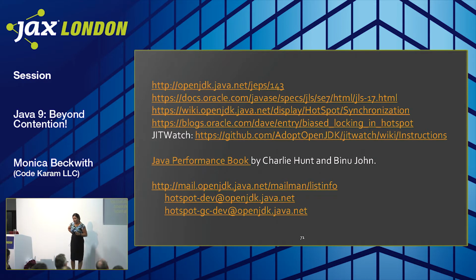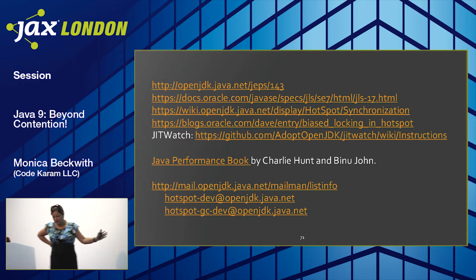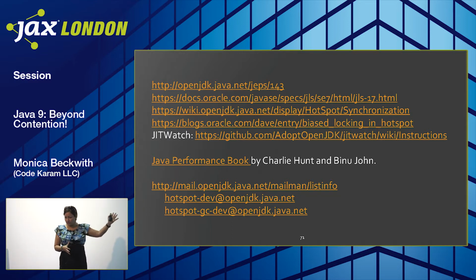If you want to read further, there are a couple of things on synchronization, a couple of things on bias locking. If you want to read about Java performance, there's a book by Charlie Hunt and Binu John. You can also look at these mailing lists over here if you have questions on HotSpot development itself or garbage collection development.